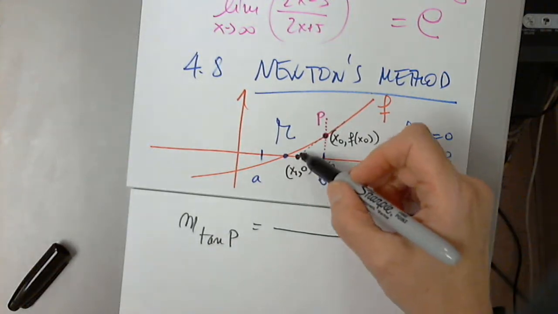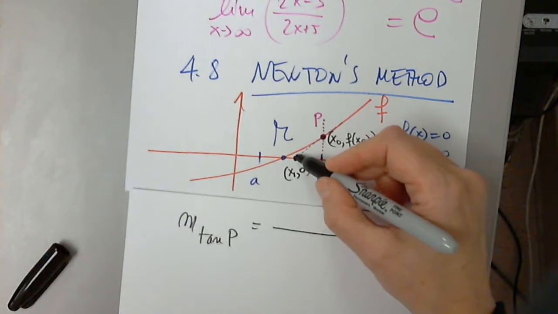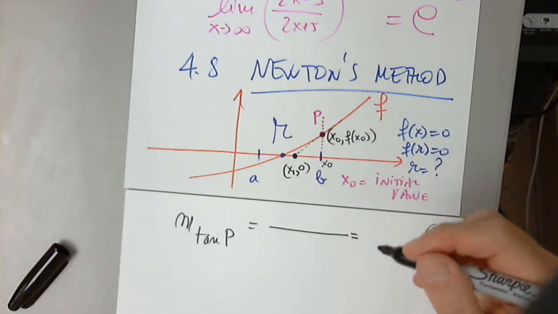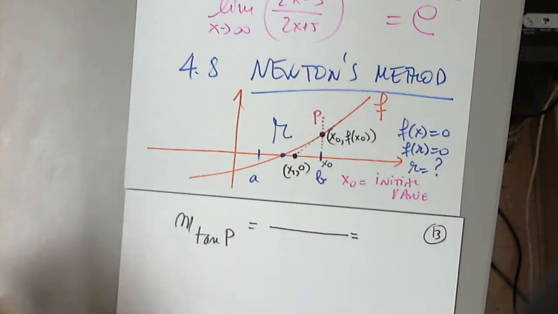Remember, the tangent goes through these 2 points. You have 2 points. Please tell me how to find the slope of this tangent. And also another way that we've been using the entire semester, almost. P over b minus x sub 1. f of x0 minus 0 over x0 minus x1.